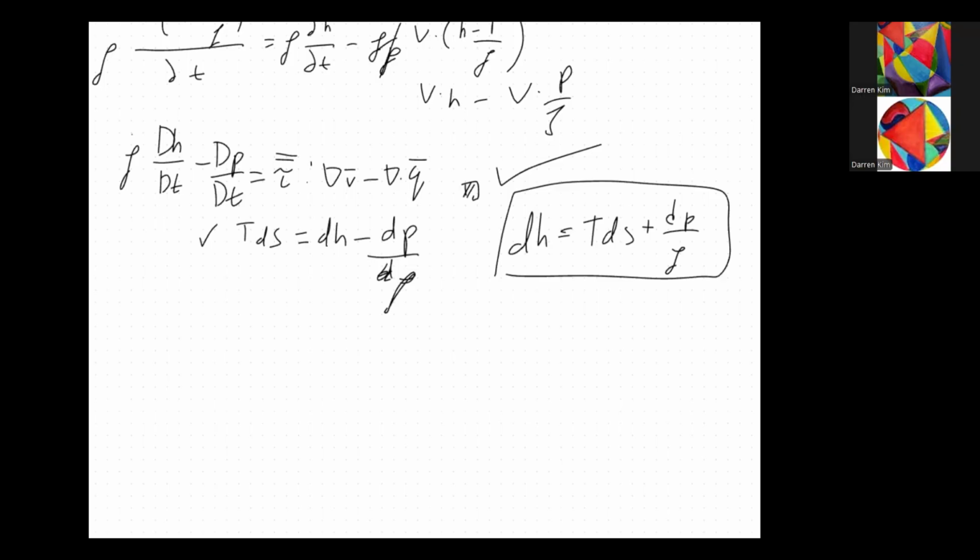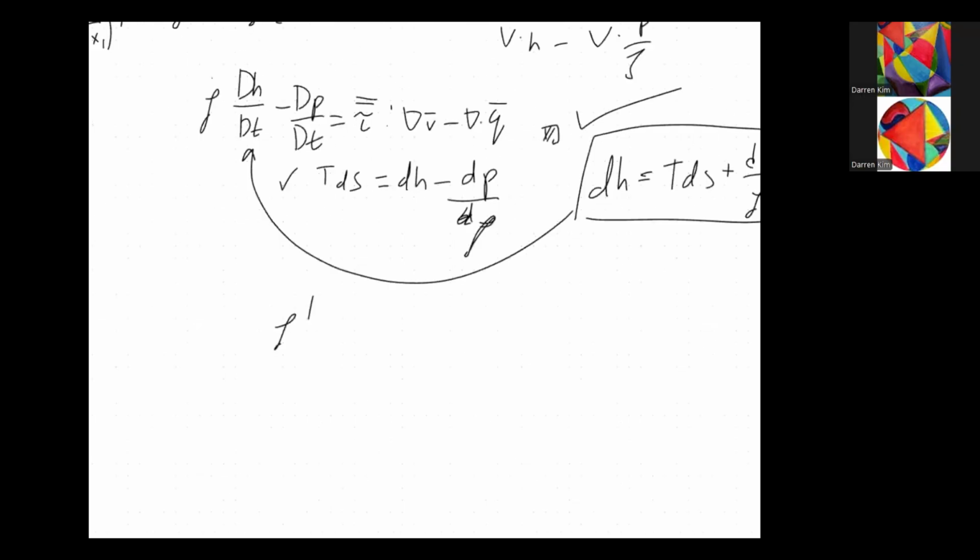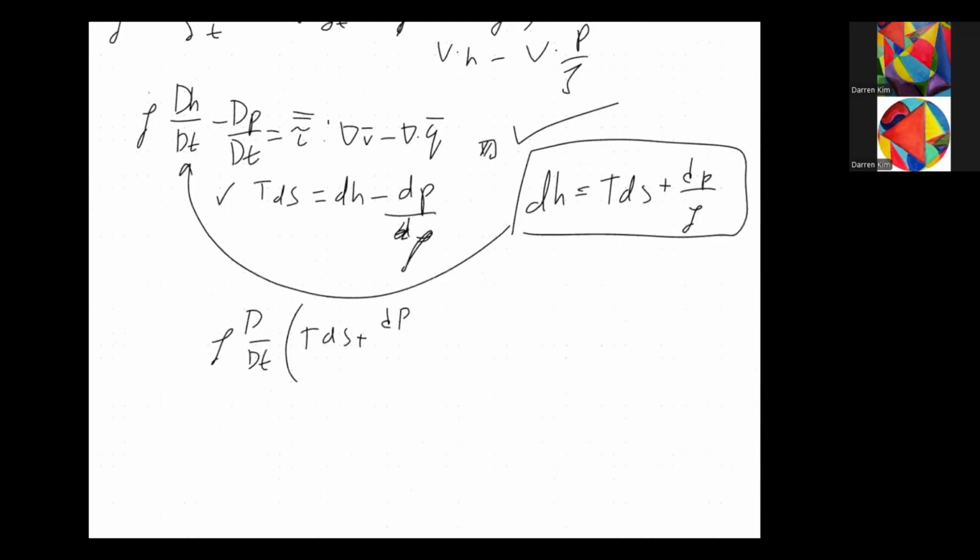Then we know it's density d/dt parentheses T ds plus dP divided by density minus dP/dt. Okay, this is making less sense than before. Yes, because this is dH, so this goes away. Now let's leave the 1 divided by dt, which I know is not correct, but I'm assuming that there's an explicit dt, which means this goes away too, I'm assuming.